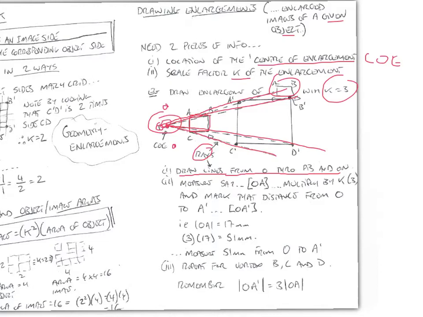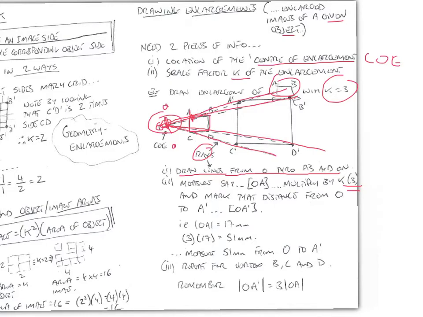Then if we go to enlarge the point A, or find the image of A, which would be A prime on the image we're about to produce, we need to measure the distance from O to A with your ruler, and then multiply that measurement by 3, because K is 3.